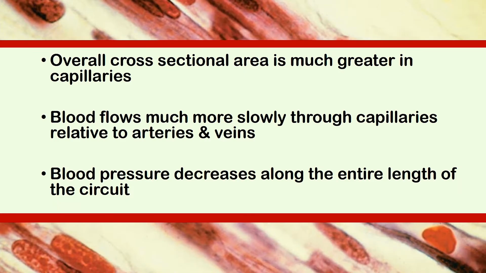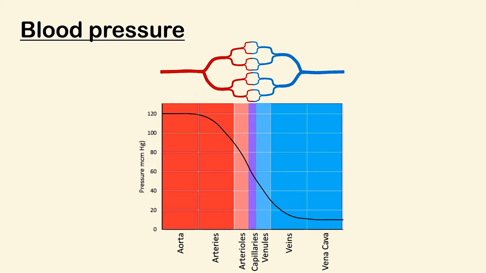The blood pressure also has a big change as you move from arteries to arterioles to capillaries to venules to veins. In this case, the blood pressure will have a tendency to decrease along the length of that circuit.